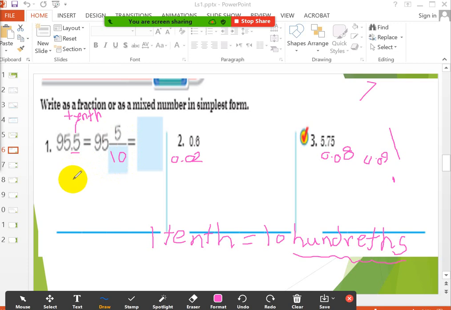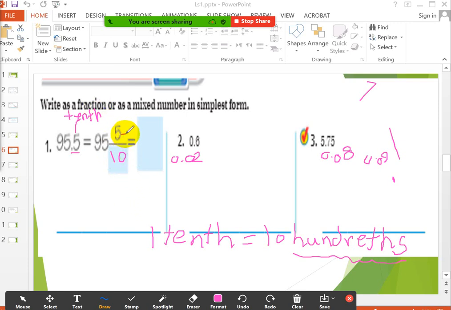Now, is this the simplest form for 5 over 10? No, because there is a common factor between the numerator and denominator. That means I can divide the numerator and denominator by the same number. What is the greatest common factor for 5 and 10?